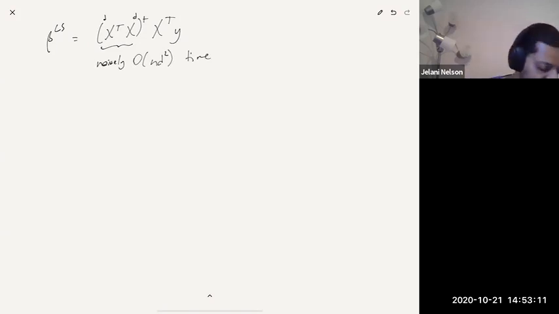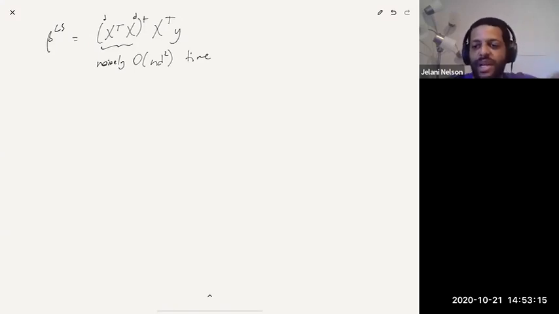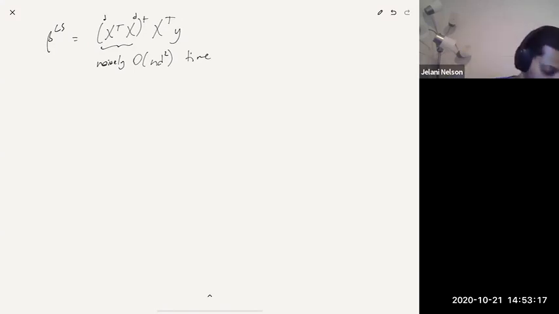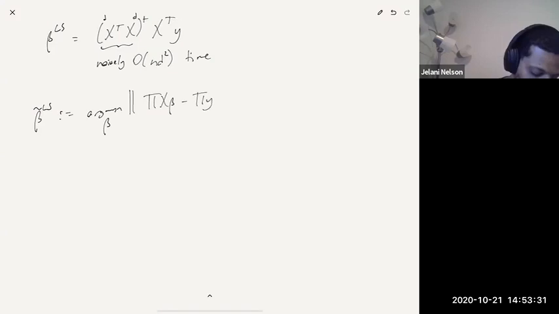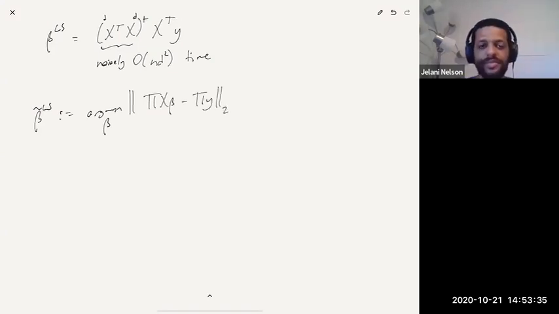Okay. So instead, sketch and solve says, I'm going to sketch everything down to low dimension, and solve it in the sketch dimension. So beta tilde ls, I'm just going to define as being the argmin over beta of the norm of pi X beta minus pi Y. Okay, so it's just like what I had before, but I throw pi's into it.